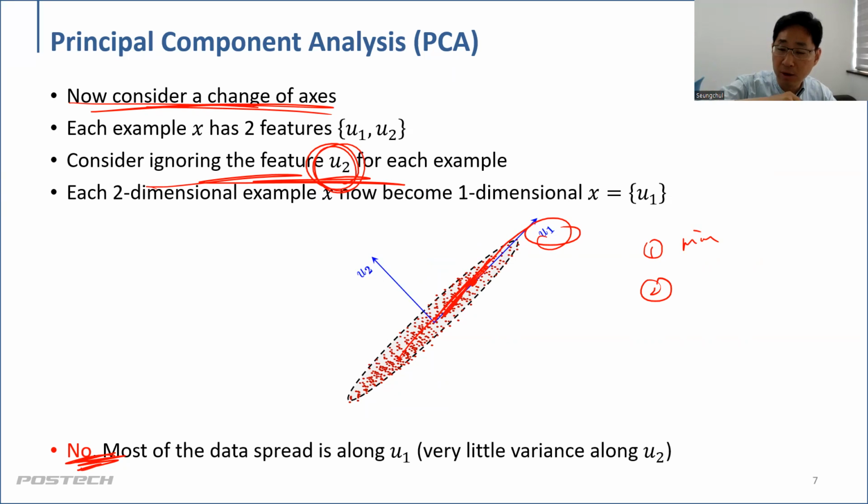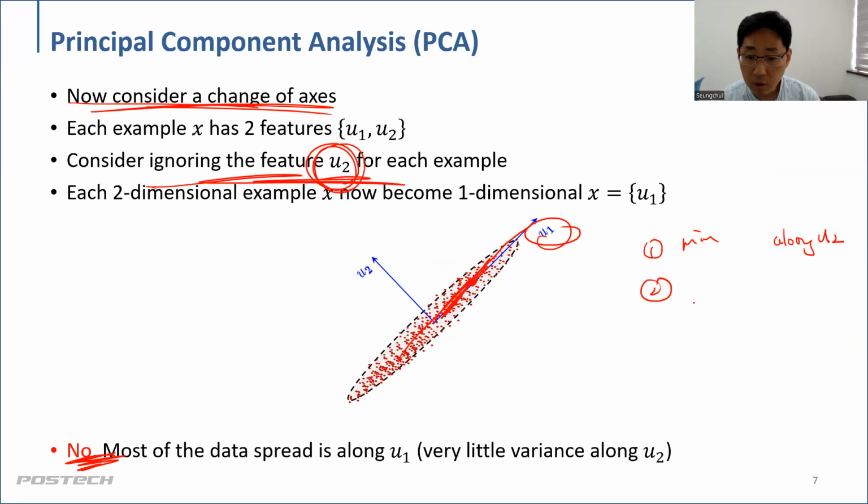We want the data very spread out, to have the highest variance. Does it make sense? Along u2, I want to minimize the variance, which means minimizing the amount of information we lose after dimension reduction or projection.